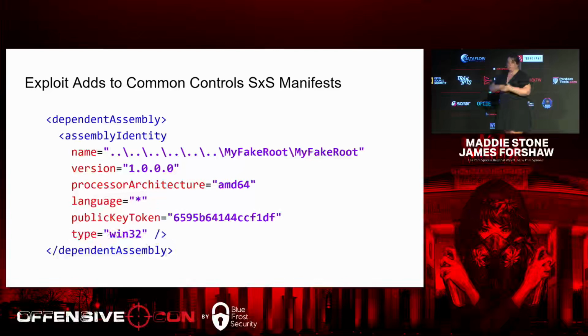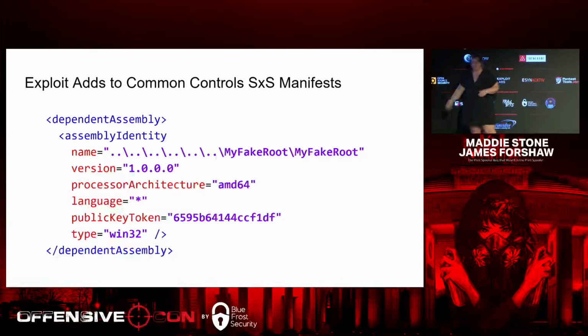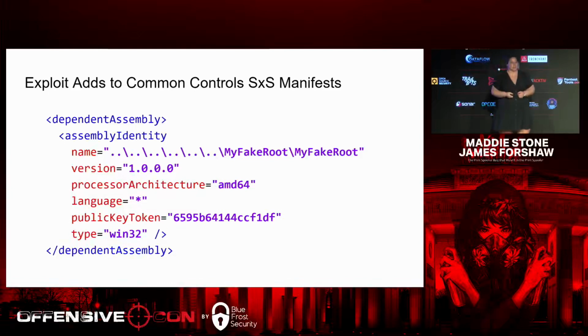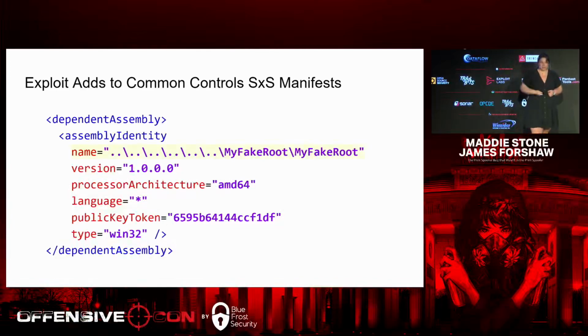And as we heard from Dave this morning, the bug is a bunch of dots and slashes, as we can see here. So they added a dependency using directory traversal to get up to their impersonated C drive and to say, hey, you're dependent on this myFakeRoot. Oh, I highlighted it. All the dots and slashes.